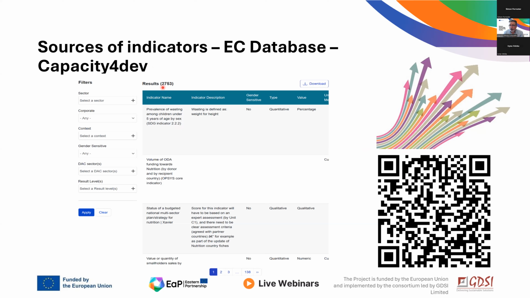So from there, you can see and check, and they also provide sources of information for different contexts. And this is actually a downloadable file. It will give you an Excel file with those 2,700 and some indicators that you can download, and you can search and see how they're organized.